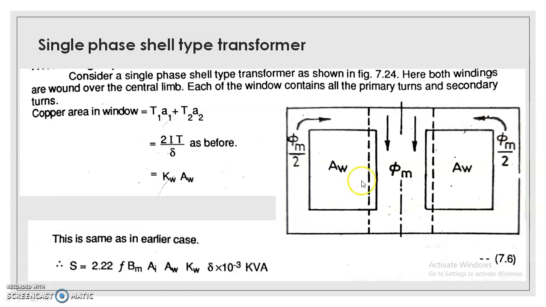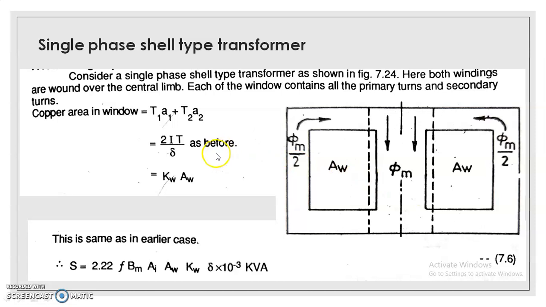That's why the side limbs are each carrying phi m/2 flux, and the central limb is carrying the addition of them, so phi m flux is carried here. Here the window area is also shown. For single phase, all the windings will be placed on the central limb only, so the copper area will be this one and this one.